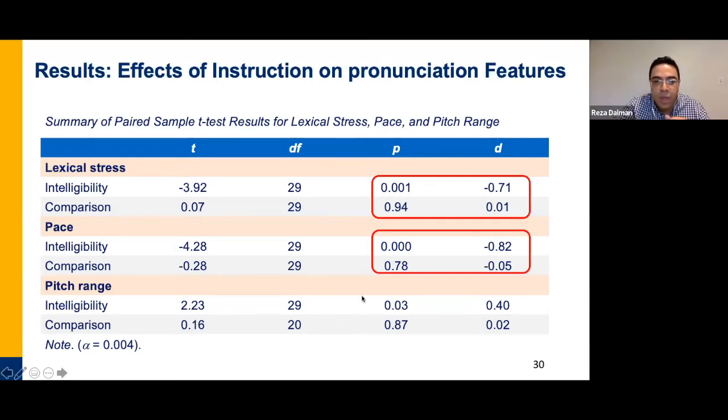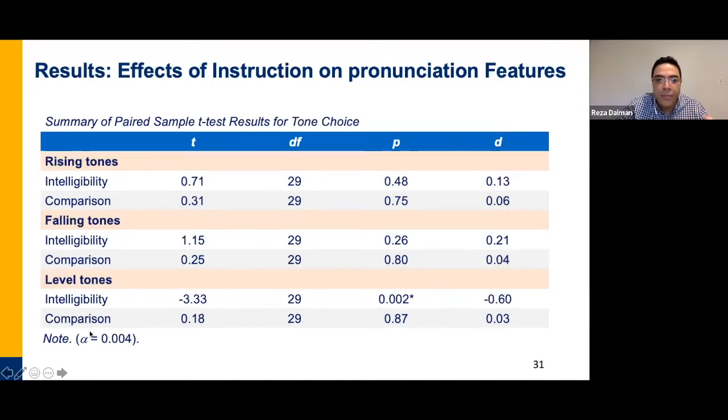For pitch range, there was not a significant improvement for intelligibility and comparison group from the pre to post-test. And for tone choice, only level tone choice showed significant improvement for the intelligibility group. In other words, the intelligibility group that received instruction on tone choice and intonation produced fewer level tones in the post-test.